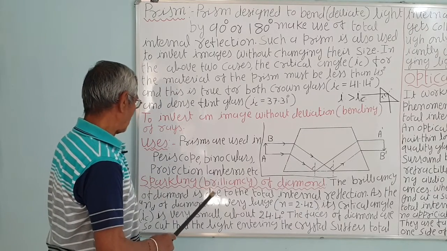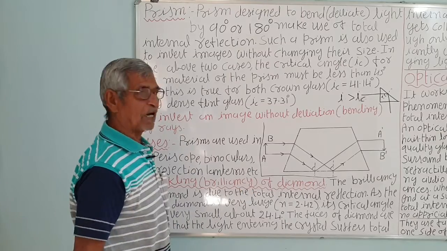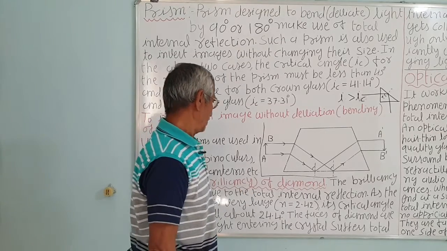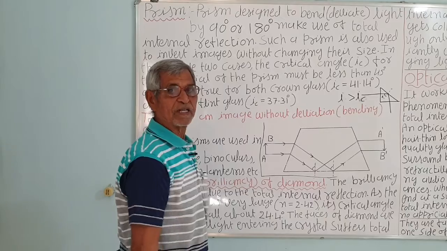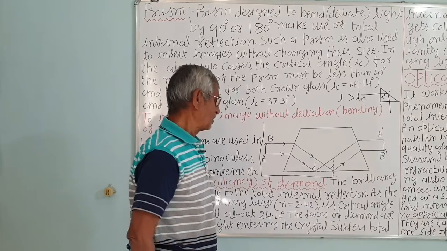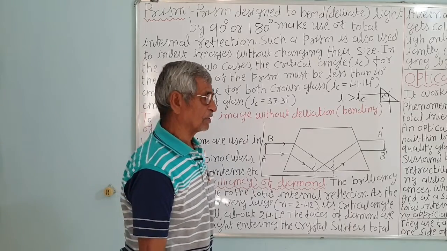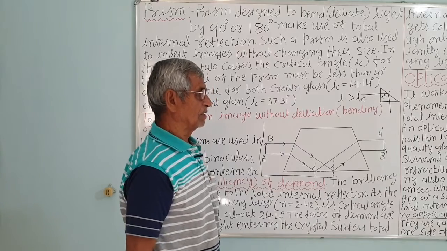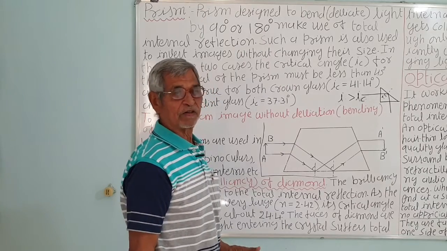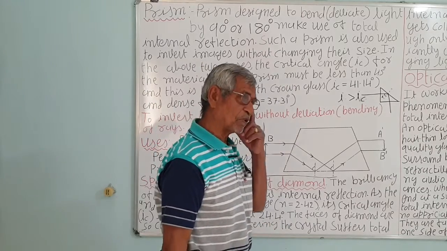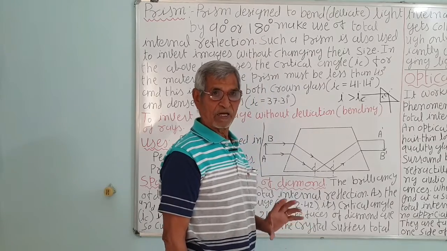Now, the sparkling or brilliancy of the diamond. The diamond is cut in such a way that the light once entering from one face, it is the skill of a diamond cutter who cuts the diamond in such a way. Naturally occurring diamonds do not show any brilliancy, but they are to be cut.